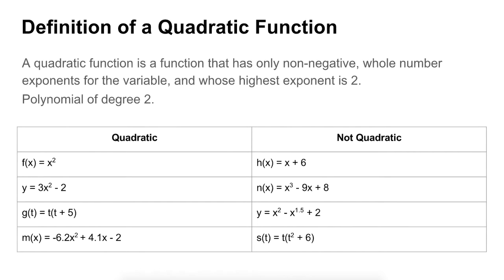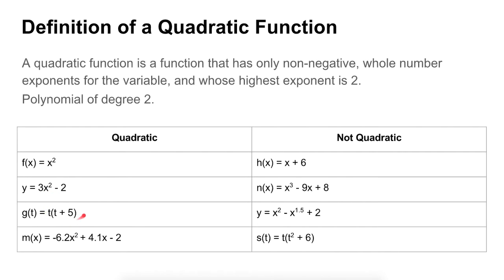So here are some examples of quadratic functions and non-quadratic. This first one here, we can see it has x to the second power. So the highest exponent is 2. It's quadratic. This one also has an exponent of 2 as its highest exponent, 3x squared minus 2.